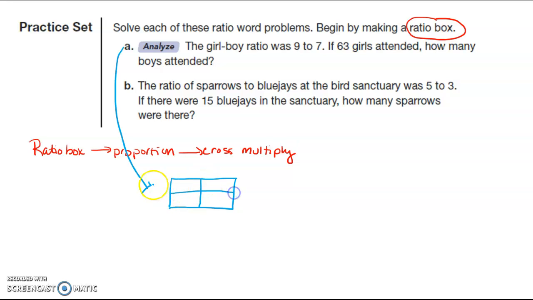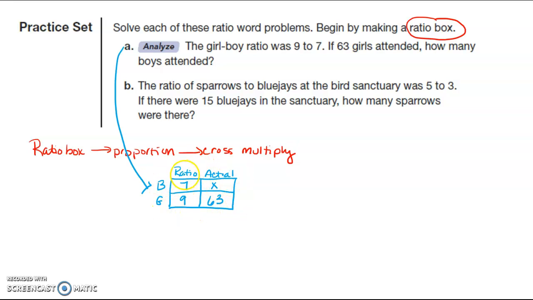We have our ratio and our actual numbers, and then we have boys and girls. The girl-boy ratio was 9-7, so that means the girl was 9 and the boy was 7. And it says if 63 actual girls attended, how many boys attended? Well, we don't know, so I'm just going to put an X there.